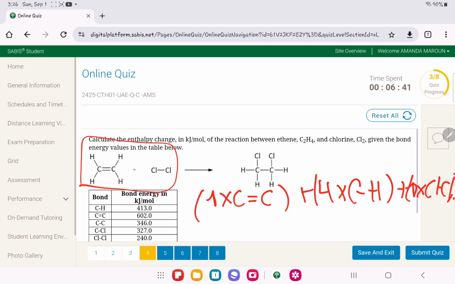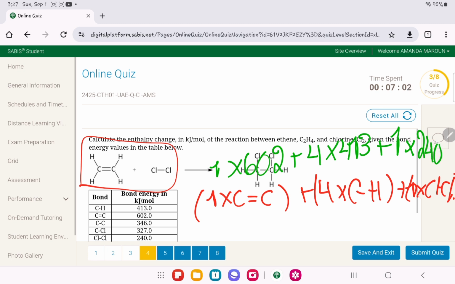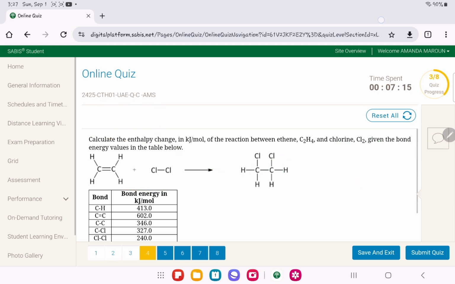If we put it on our calculators but with the values, we're gonna have 1 times 602 plus 4 times 413 plus 1 times 240. So on our calculators, if we do it, 602 plus 4 times 413 plus 240, we are gonna get 2494.